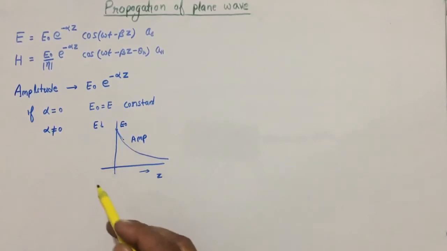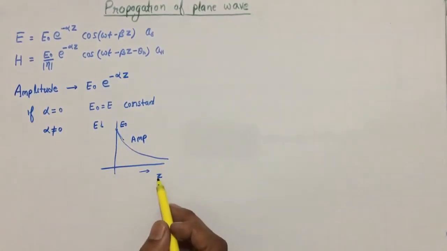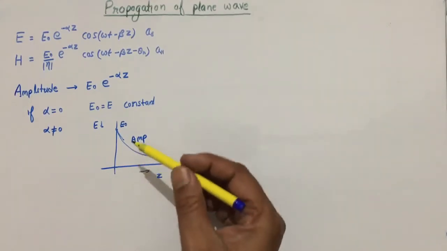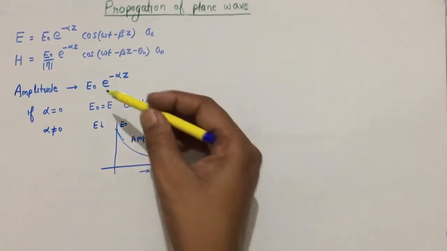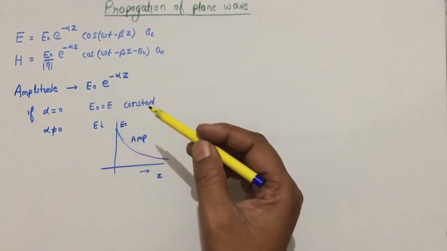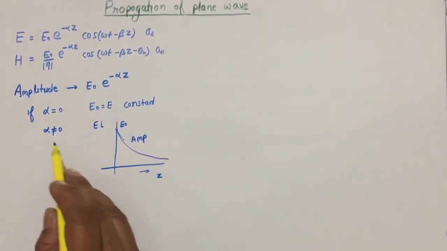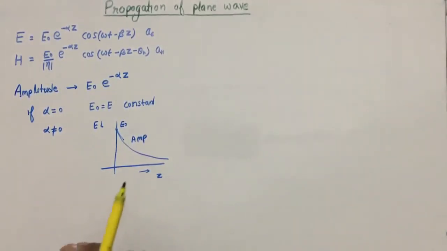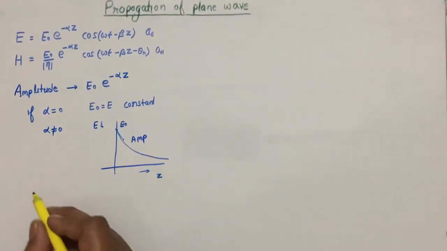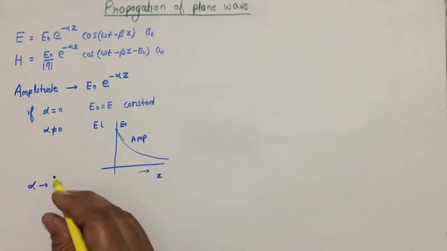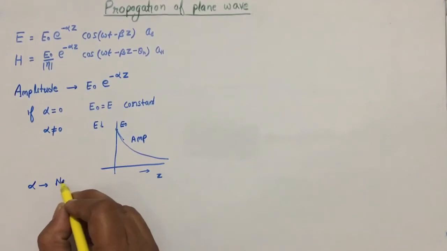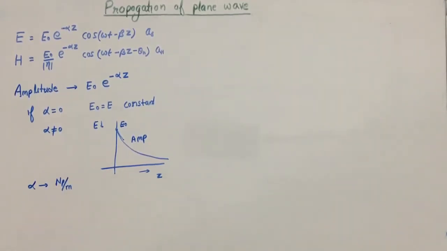We can find from here, as the wave propagates in the direction of z, it attenuates in its amplitude, and the factor of decrement is e to the power minus alpha z. That is why alpha is known as the attenuation constant or attenuation factor of the medium. The unit of alpha is Neper per meter.